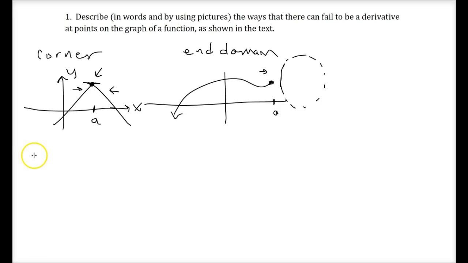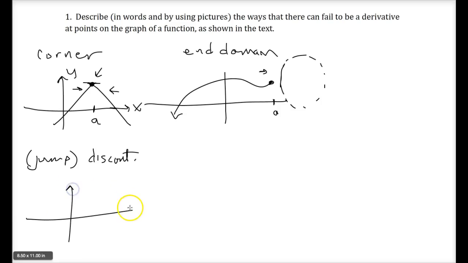Now, the next example that I'm going to do is what's called a continuity. And in particular, I'm going to do a jump discontinuity. So if we look at this graph here, I'm going to do something very simple. So let's say we start off like this, come down with an open circle, and come up here and go like that, again at x equals a.